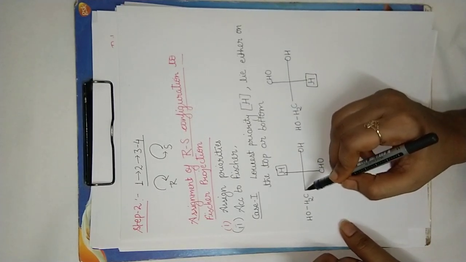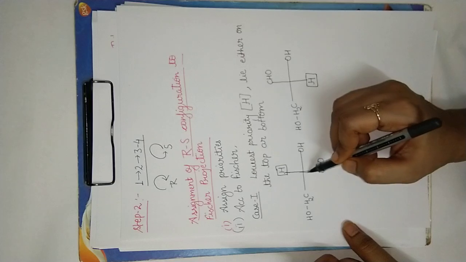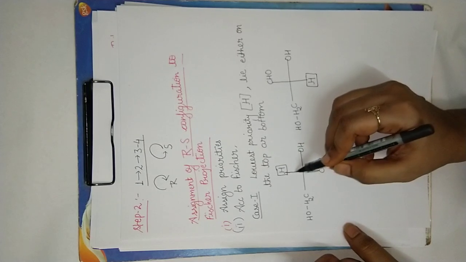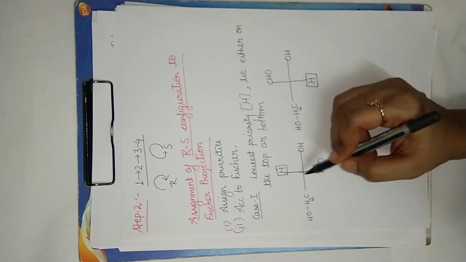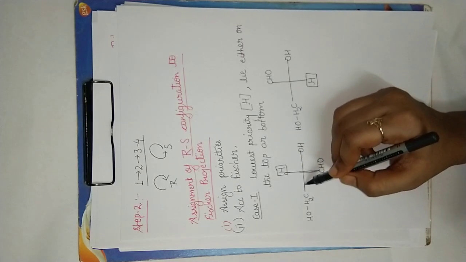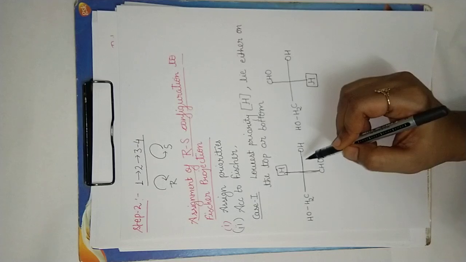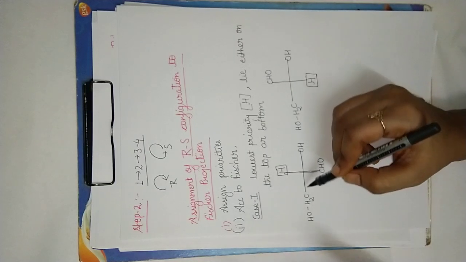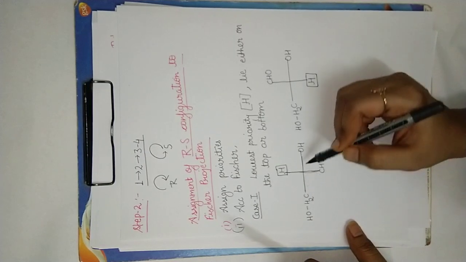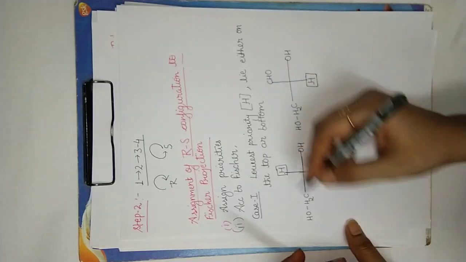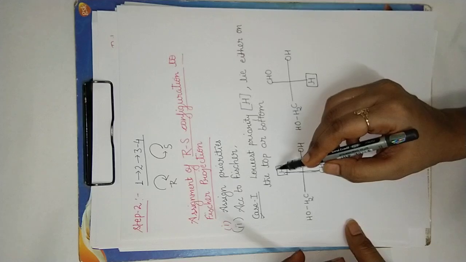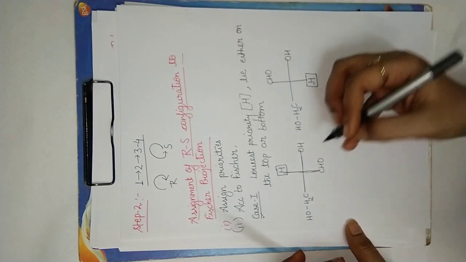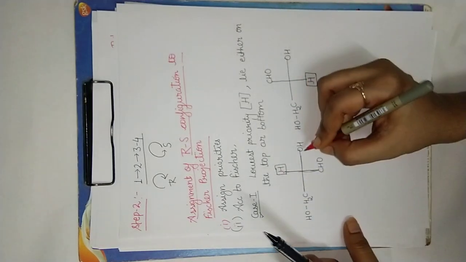Okay, these are the vertical bonds. These vertical bonds are further away from our eye, and these horizontal bonds are very close to the eye. If in case 1, H lies either on the top or on the bottom, then what will happen?